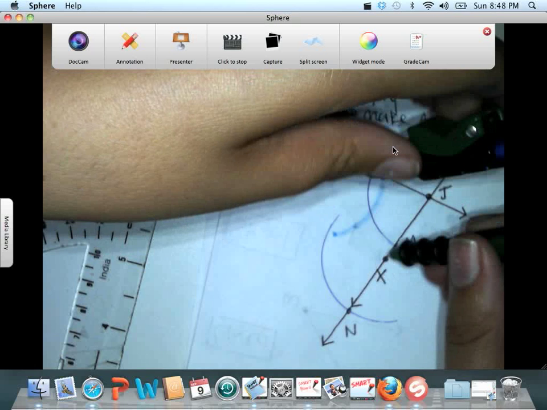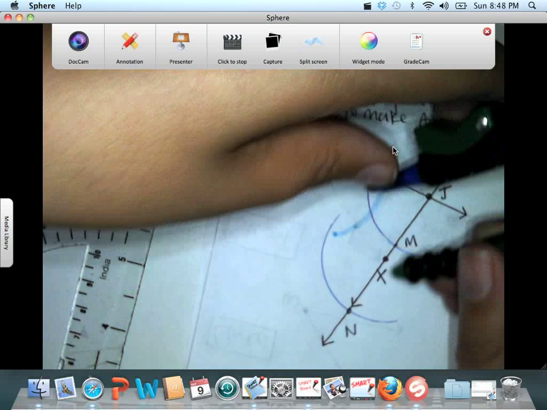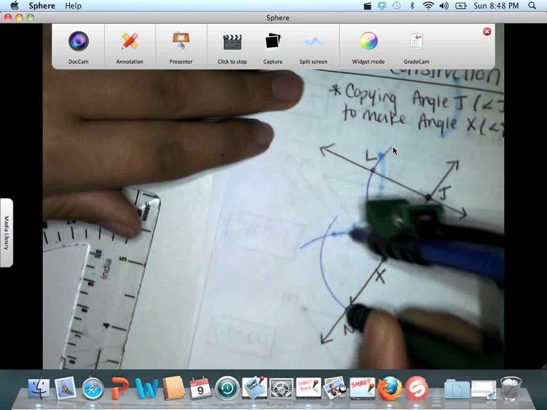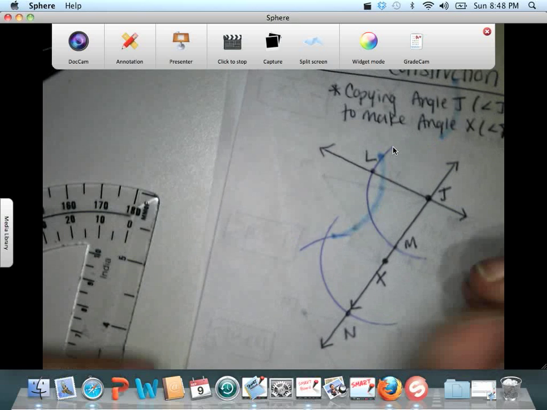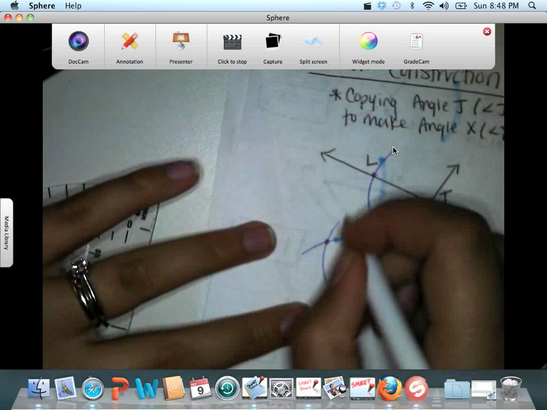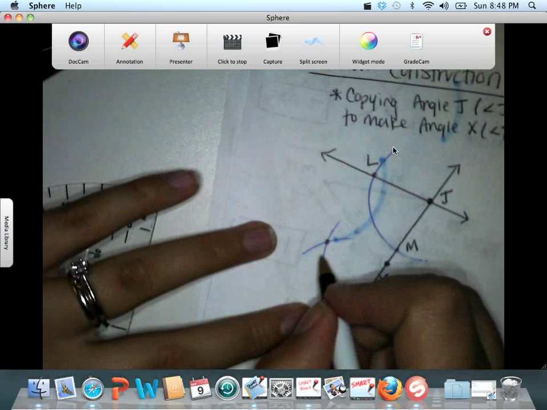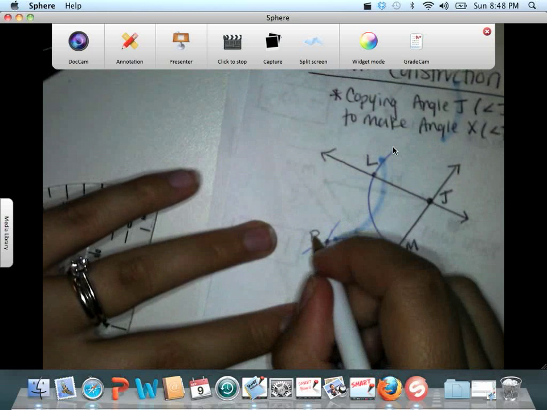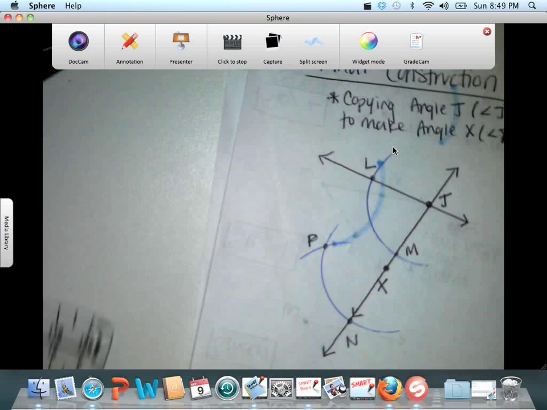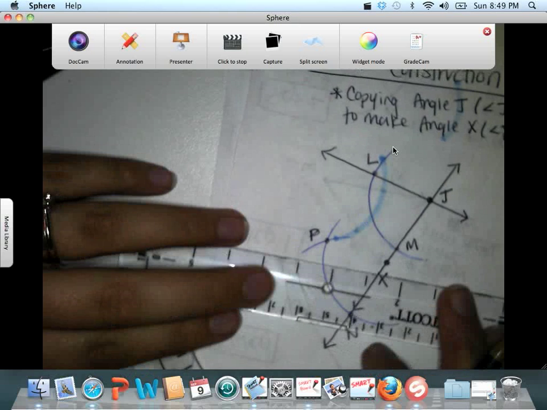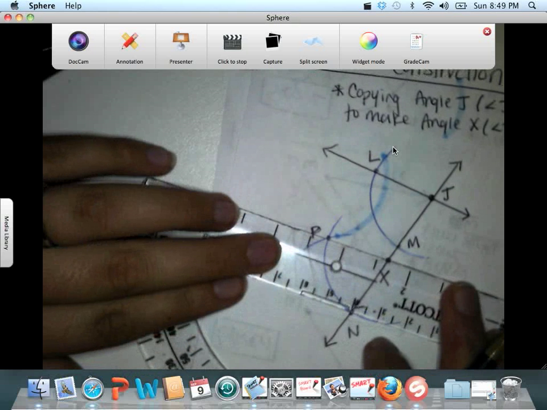So use the width from L to M, go up to N, and mark it. Okay? And then what it creates is an intersection. It creates this X, called the X P. Okay? Make that darker. And then your last step is to connect your original X with P.